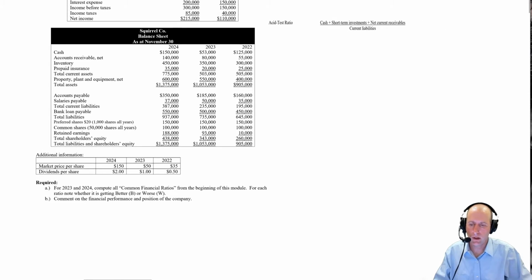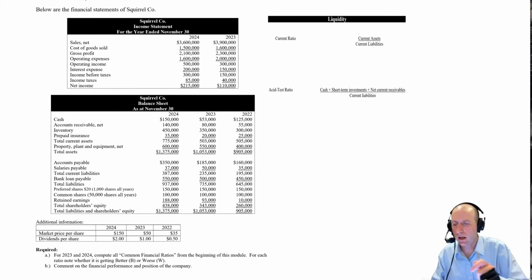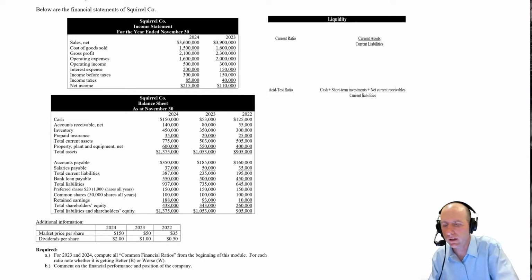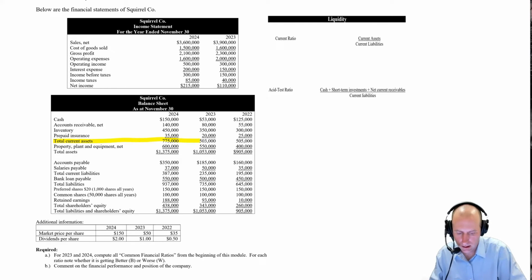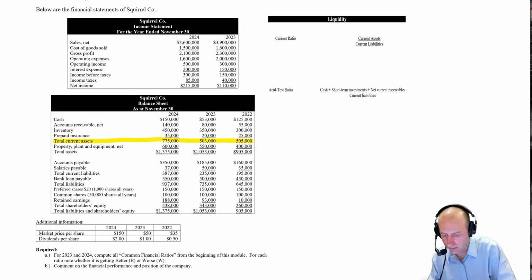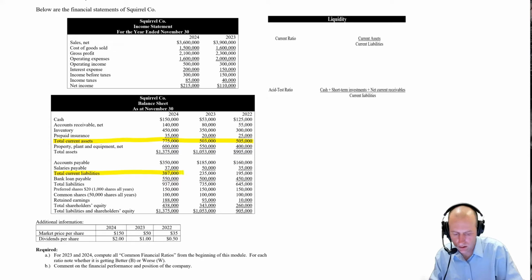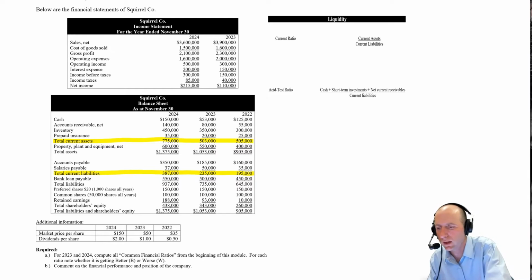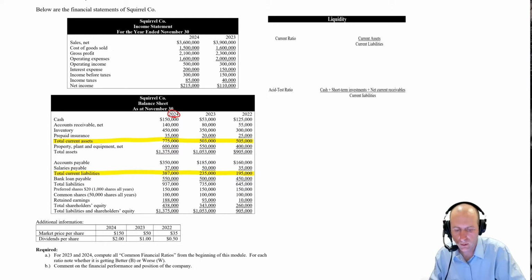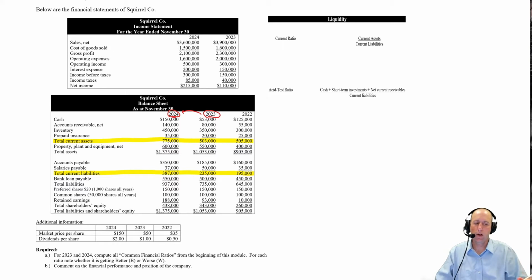So the current ratio is current assets divided by current liabilities. Our company's current assets are right here, and our company's current liabilities are right here. We're going to do this for two years, 2023 and 2024, and determine if 2024 is better or worse than 2023.